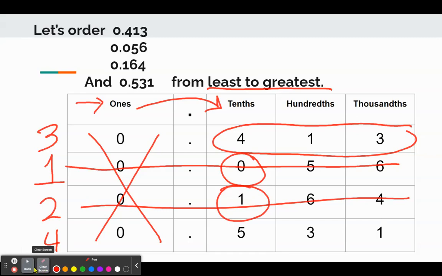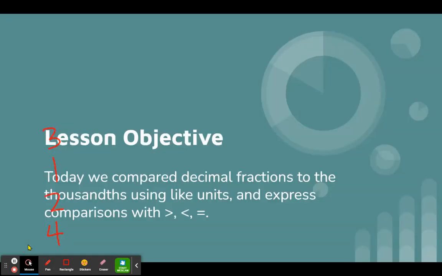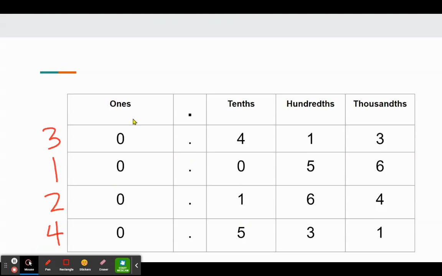So we're going to go ahead and now write a statement with our comparison symbols, which is going to order our numbers. First we're going to start with our smallest number, which I put a 1 next to, which is going to be 56 thousandths.